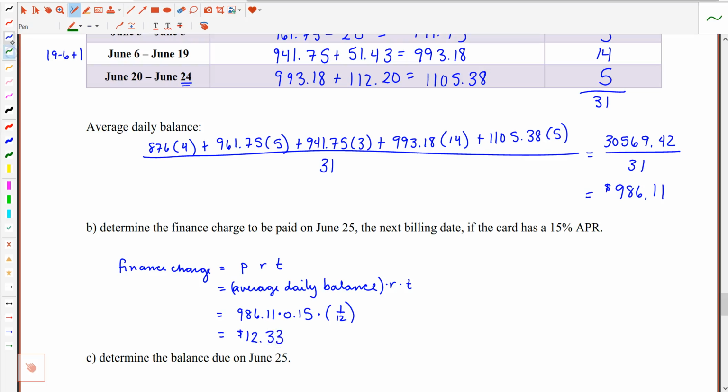Now the other way to do this is, if I had a 15% annual percentage rate, this rate in terms of a monthly rate would be 15 divided by 12, or 1.25% rate per month.